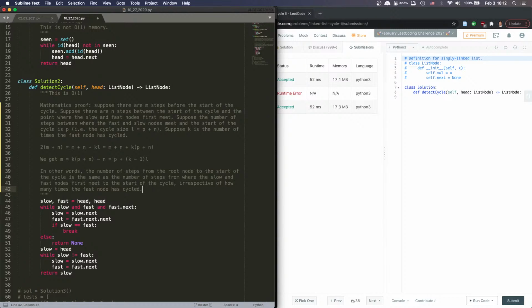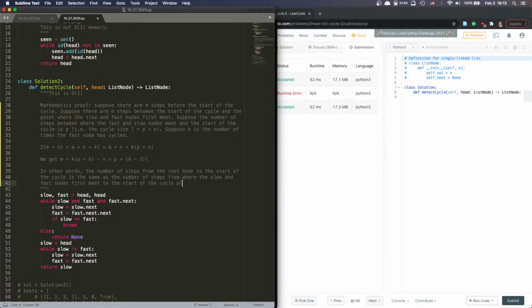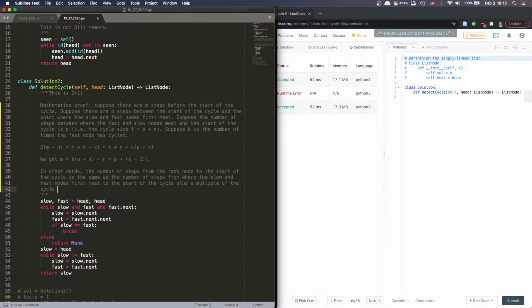Yeah, so it doesn't matter. The number of steps from the start of the cycle is the same as the number of steps from where the slow and fast first meet to the start of the cycle, plus any number of multiples of the cycle size.